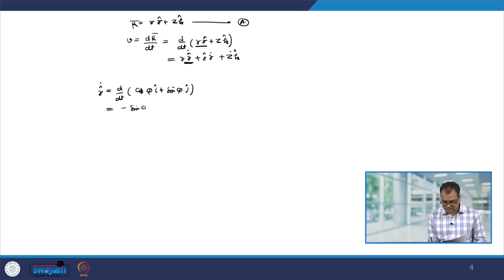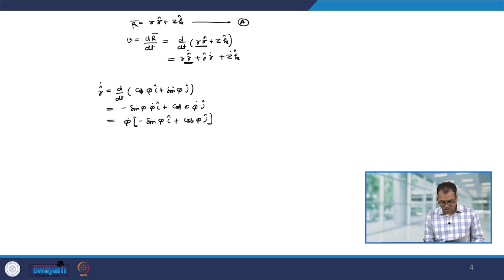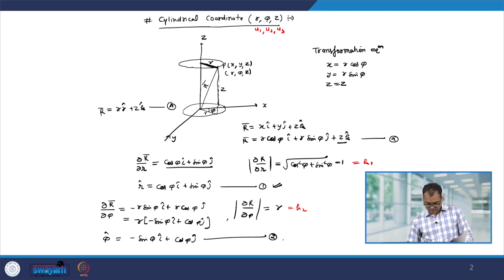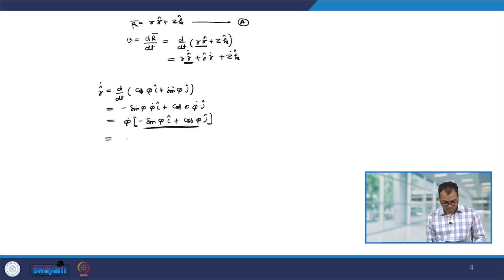It will be minus sin phi phi dot i plus cos phi phi dot j, and I can take phi dot outside. So it becomes minus sin phi i plus cos phi j, and this is the value of phi cap. Let us look at equation number 2. So this becomes phi cap phi dot. Let us put this in the above equation.